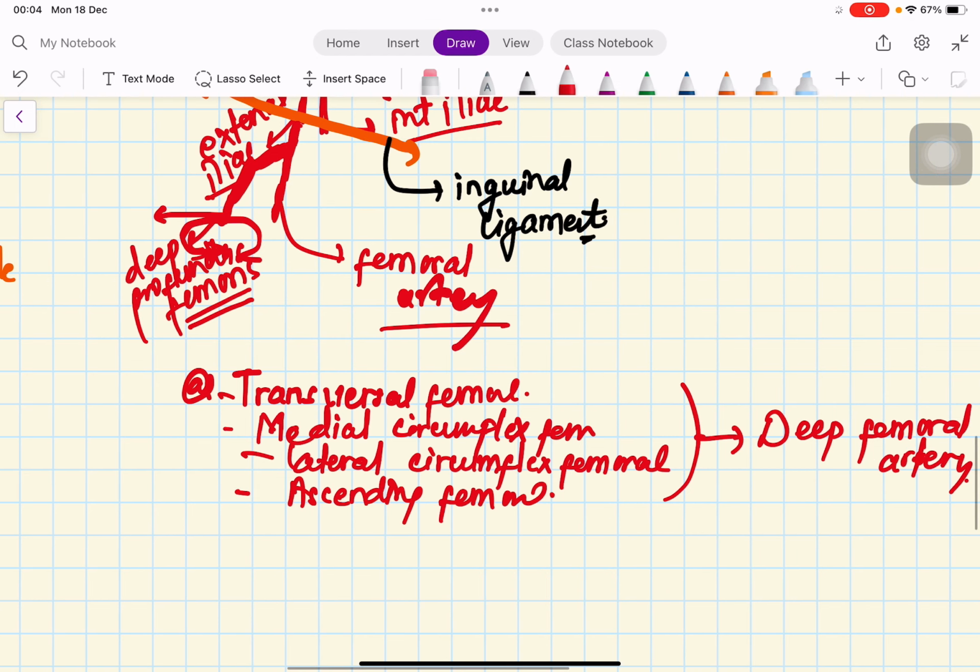Sorry, okay, this is deep or profunda femoral. Okay, yes, great.